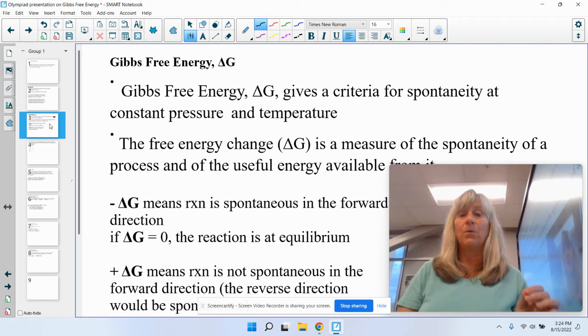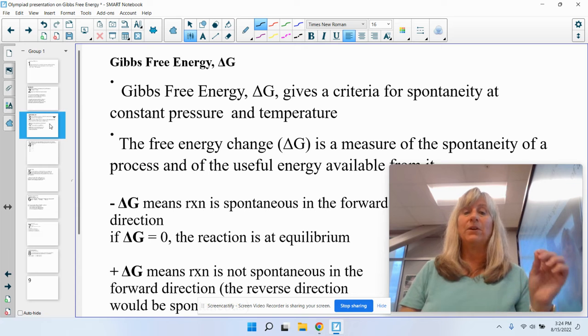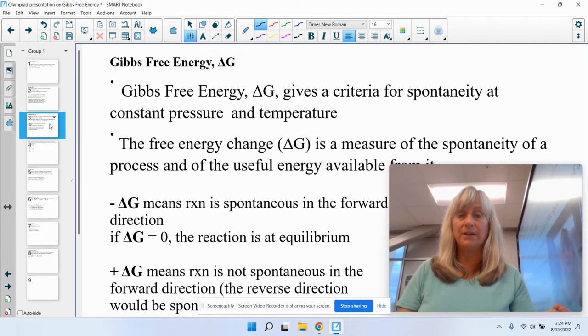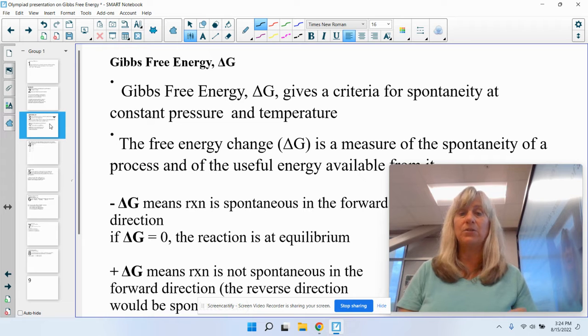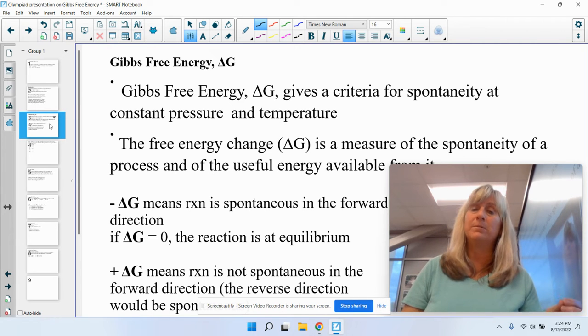So today we're really concentrating on the sign of delta G. If delta G is negative in your calculation, that means it is spontaneous in the forward direction. If delta G is 0, that means the reaction's at equilibrium. If delta G comes out to be positive, that means the reaction is not spontaneous in the forward direction, but it would be spontaneous in the reverse direction.